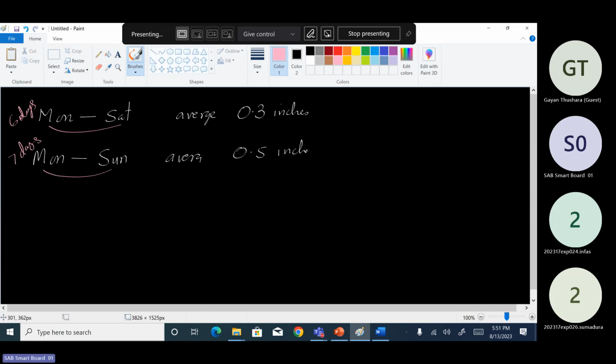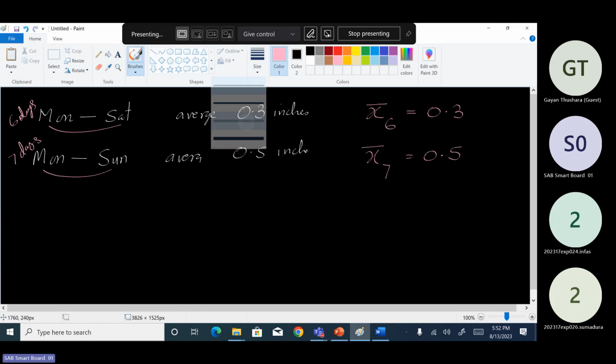So the 6-day average we'll call X bar 6. I'm just using notation, that's all, right? 6-day average 0.3, 7-day average X bar 7, 0.5. How would they have calculated the 6-day average X bar 6?